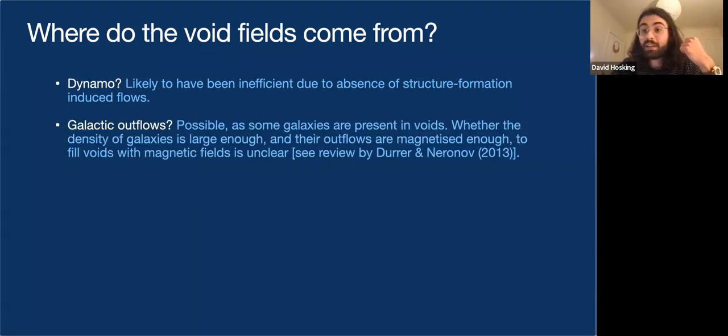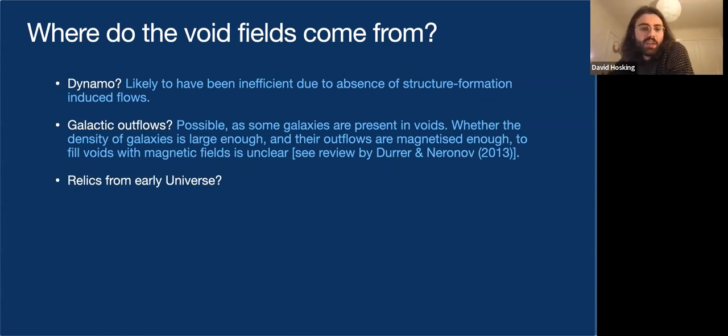Perhaps the void fields are a result of galactic outflows, and this, I think, is a view that many people take. You do have galaxies present within the voids, but it's fair to say that it's unclear whether their density is large enough and whether their outflows are magnetized enough to fill a void with magnetic fields of the required strength.